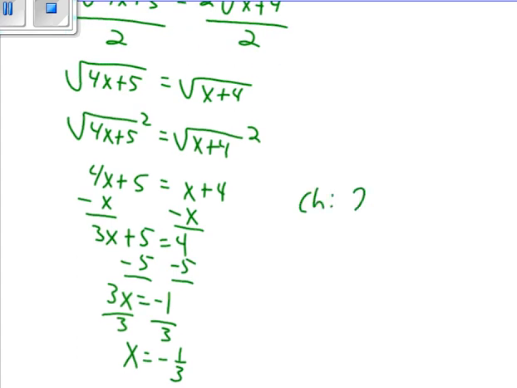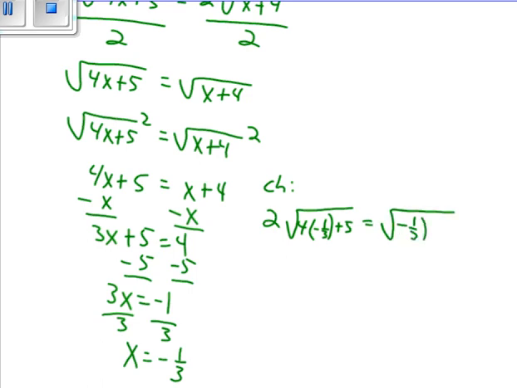So I'm going to say 2 root, move this over. 2 root 4 times negative 1/3 plus 5, does that equal negative 1/3 plus 4?